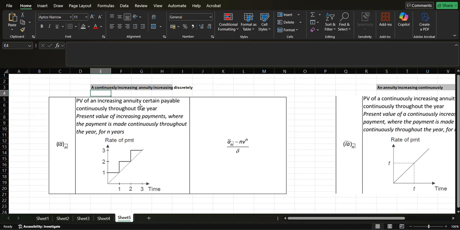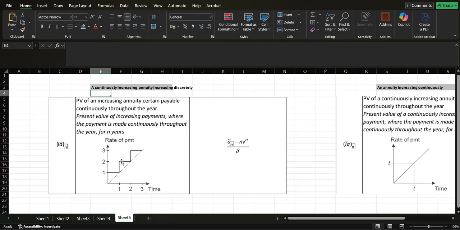So this is a continuous annuity where it's an increasing annuity payable continuously throughout the year. Present value of increasing payment. What happens is that you have a continuous payment stream each year, but at the end of each year, that payment stream increases at discrete increments. From time zero to time one, you have a continuous payment stream, and then at time one, it jumps up.